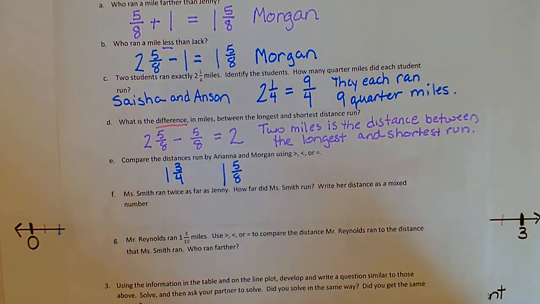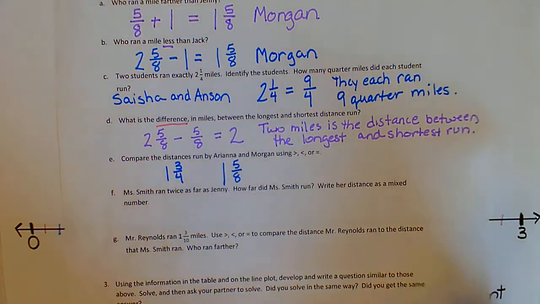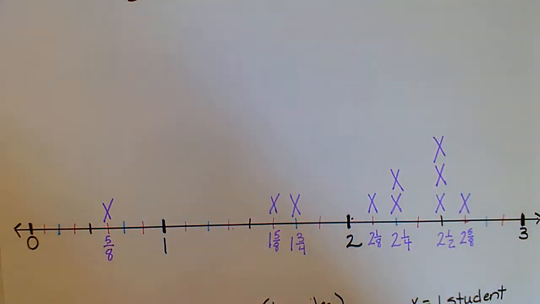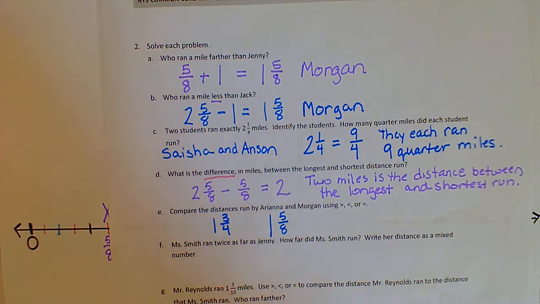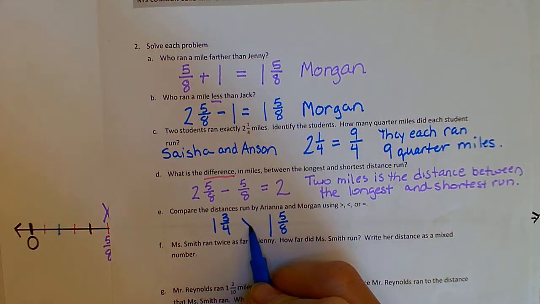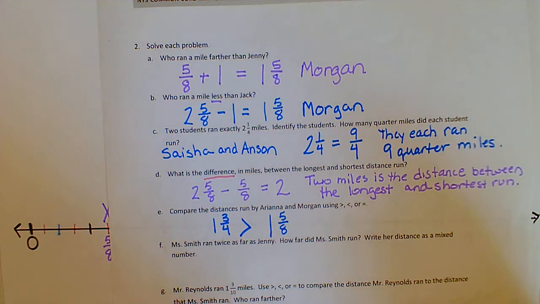I can go back to my graph and see where 1 3/4 and 1 5/8 are. Here's 1 3/4 and 1 5/8, and I can see that 1 3/4 is definitely larger. So what I now know is that Ariana ran farther. I'm going to go ahead and write that.